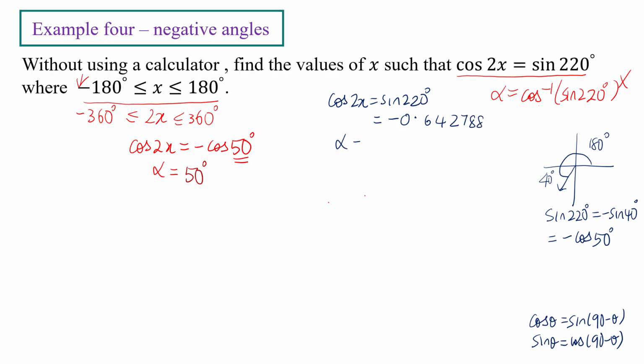And then I find alpha, which is cosine inverse 0.642788. And let's see what value you get for your alpha. You'd see that you'll get 49.9999, which is not the exact value.